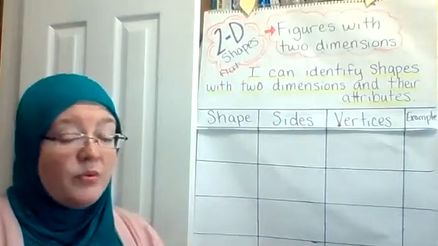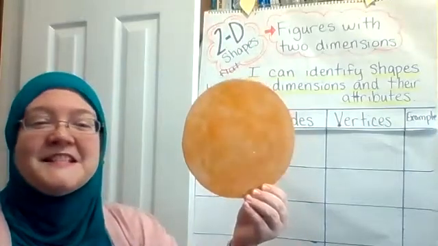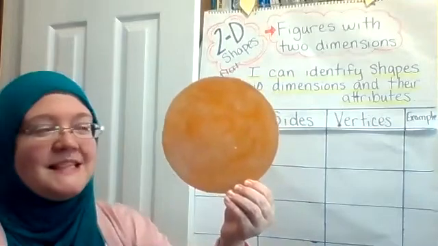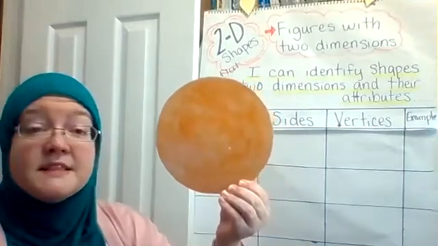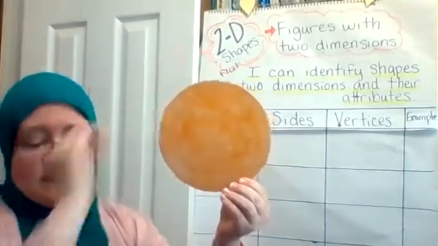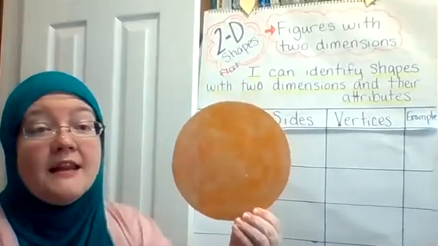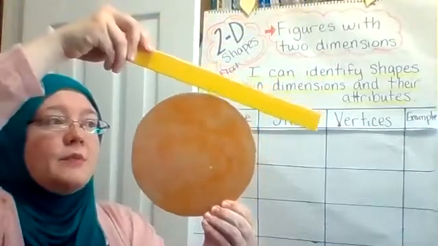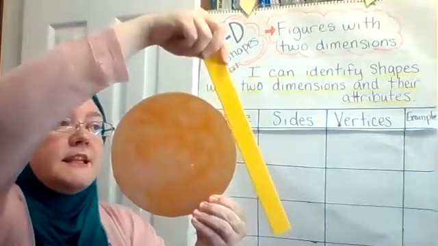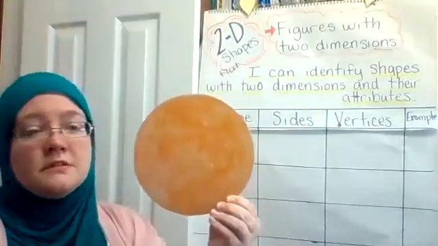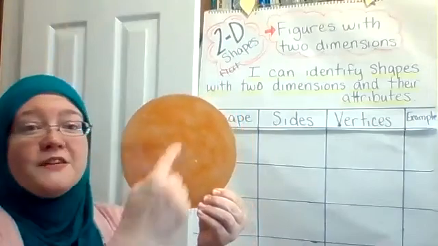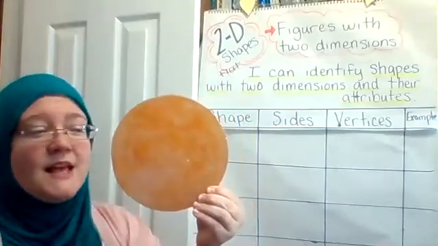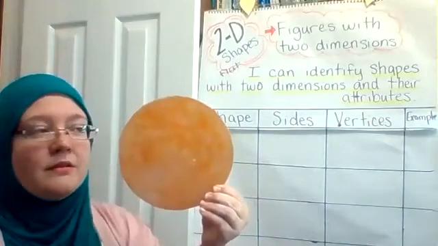Another 2D shape is the circle. You guessed it. But does the circle have any sides? Remember, a side is a straight edge. Is there any place on the circle that's going to give us a straight edge? No. So the circle has 0 sides, just like its shape.